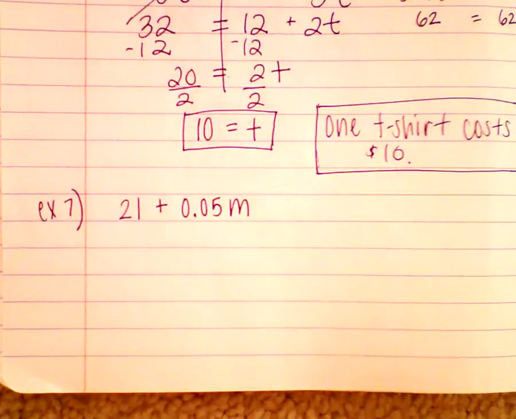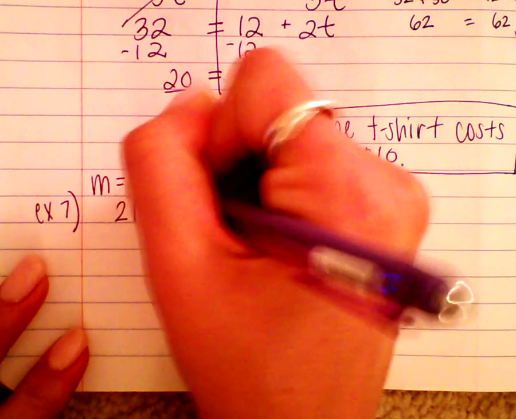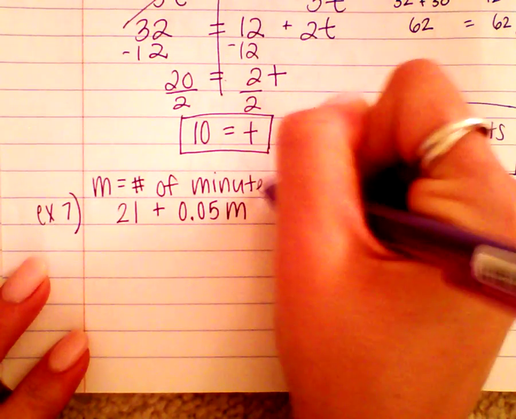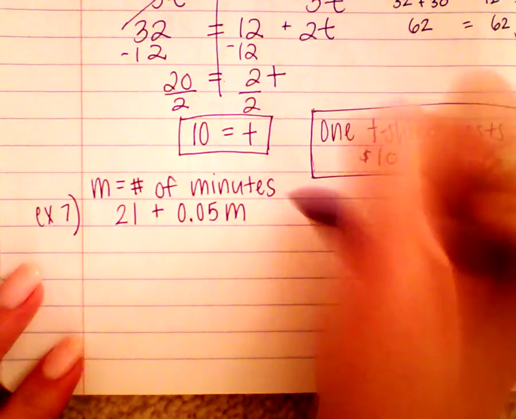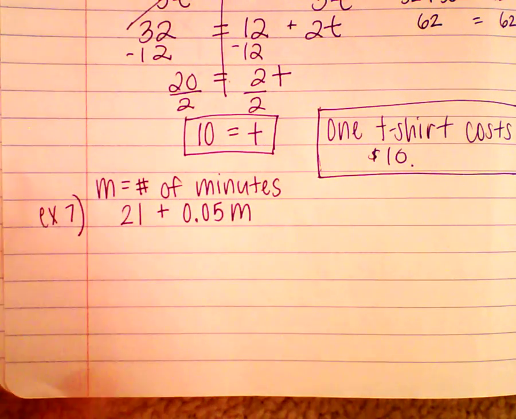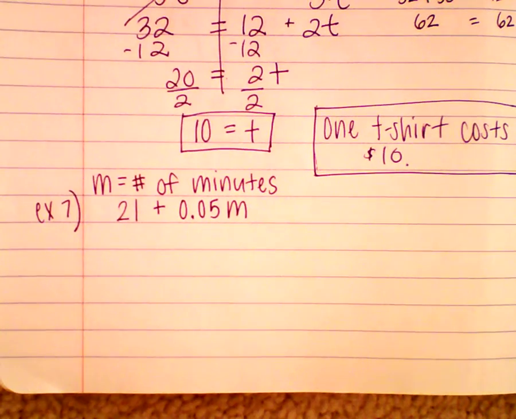Sorry, I should first define that M is going to be number of minutes. If you didn't define your variable, can you go back real quick and do that now? You might have used X or a different letter, that's fine. It's important though that you tell me or someone else what your variable is.